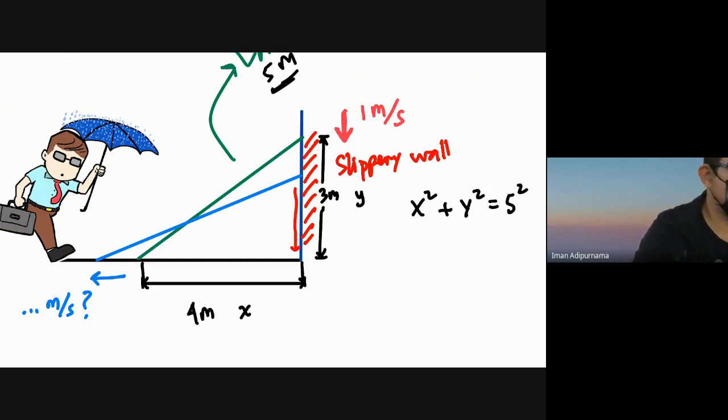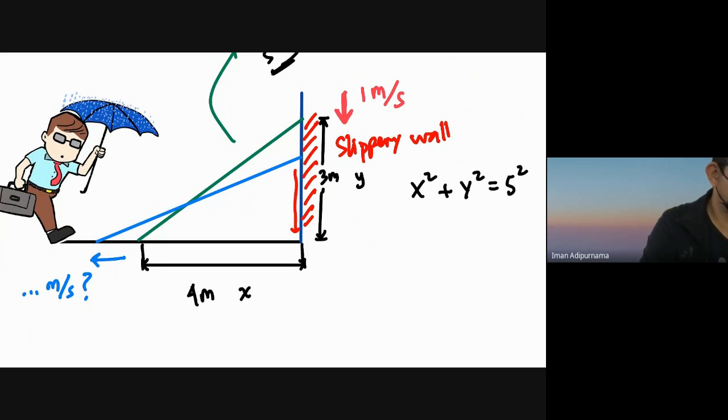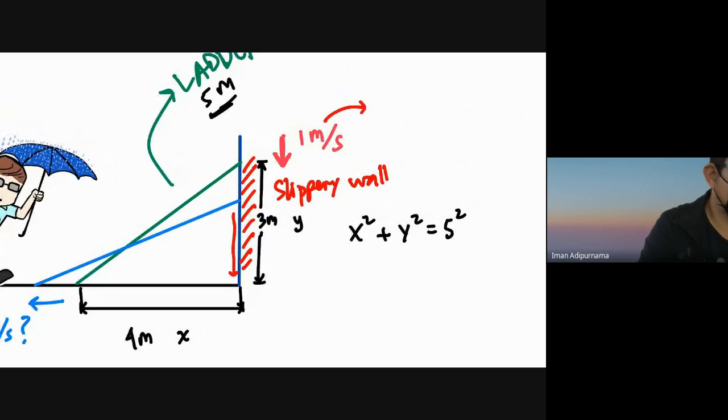Okay, and then there is a change in time, or to be precise, there is a rate of change, right? Rate of change means, if you remember in physics, if you have some displacement and you want to know the rate of change, you write the displacement over time.